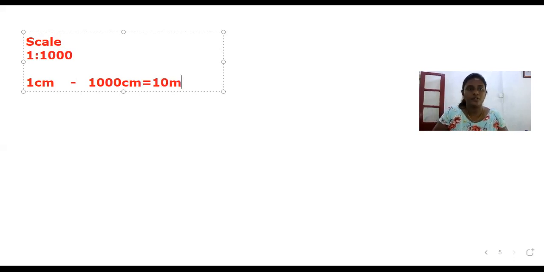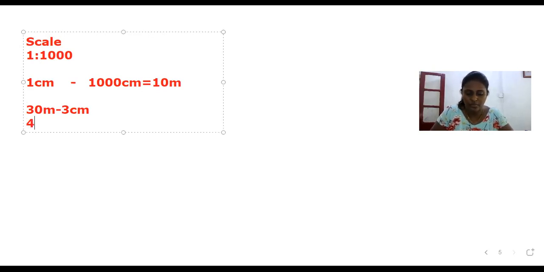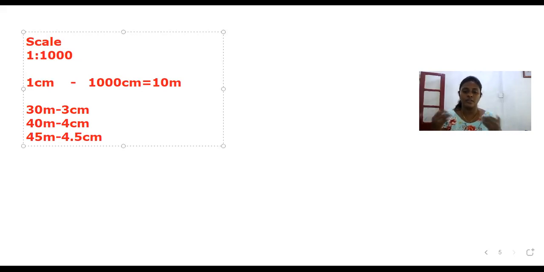Therefore, now we know to show our 30-meter distance, we have to take 1 centimeter for 10 meters, so 3 centimeters. And for 40 meters, don't write equal, for 40 meters we have to get 4 centimeters. And for 45 meters, we want to get 4.5 centimeters. Right, now we understood.